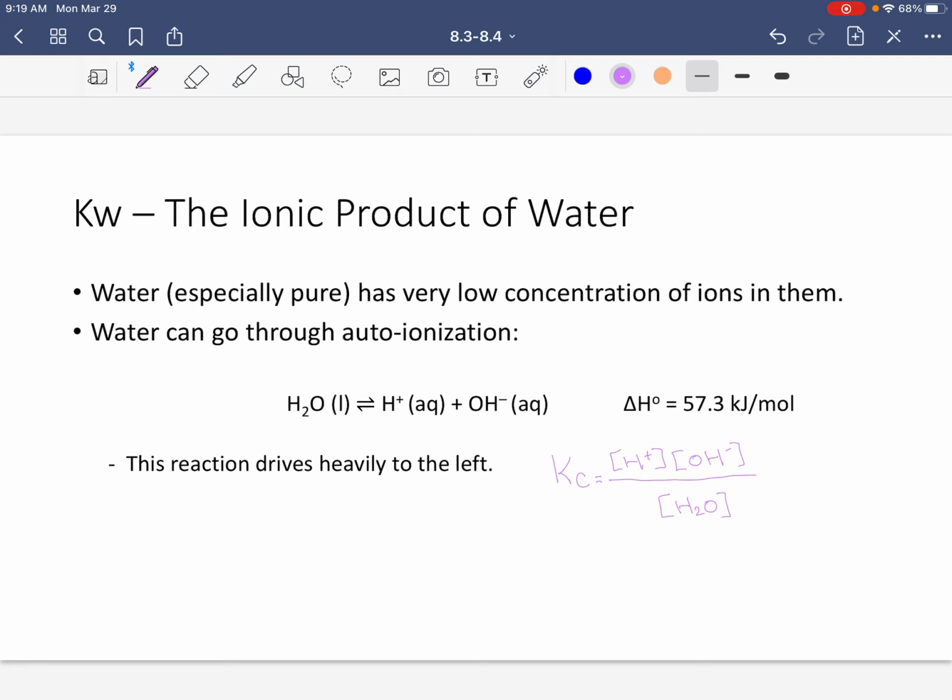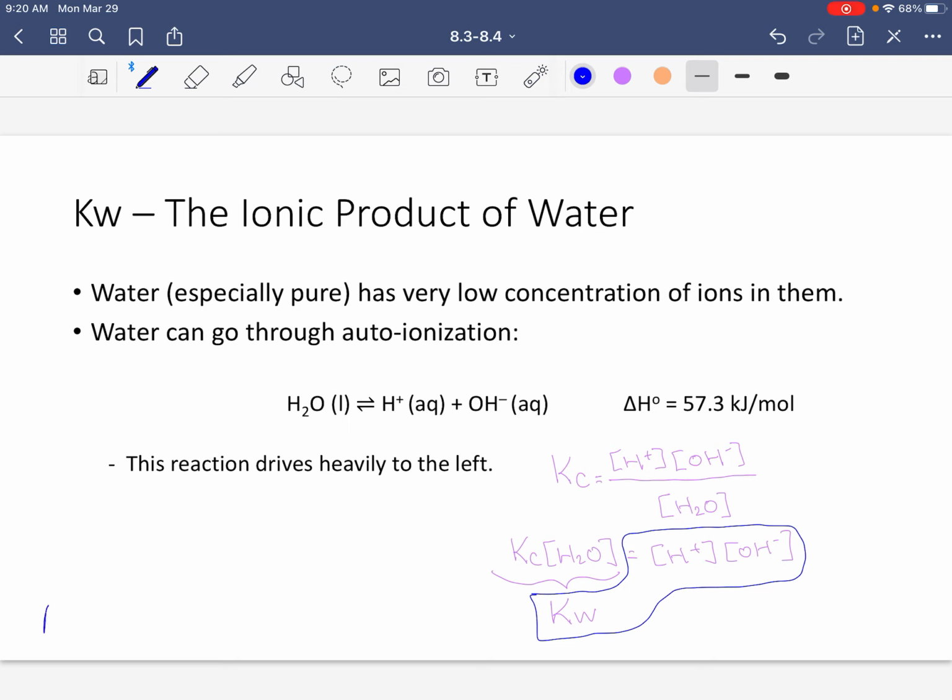If you isolate Kc and H2O, you have Kc times [H2O] equal to [H+][OH-]. This is called Kw. So the equation is Kw equals [H+] times [OH-].